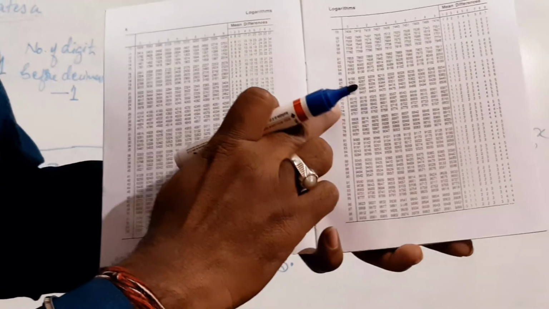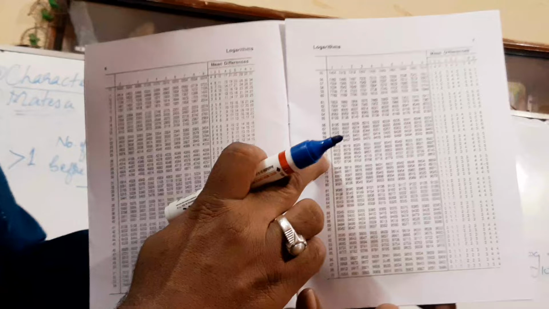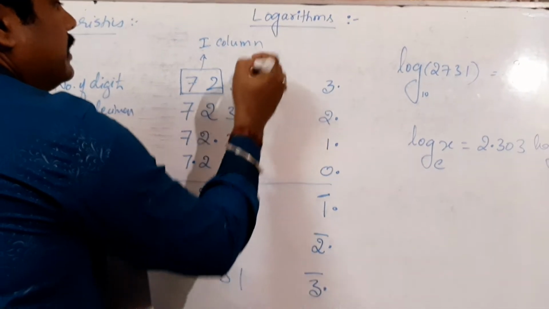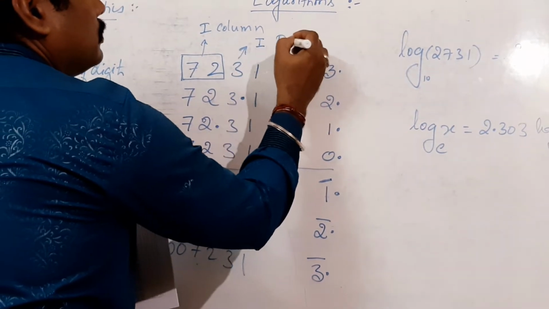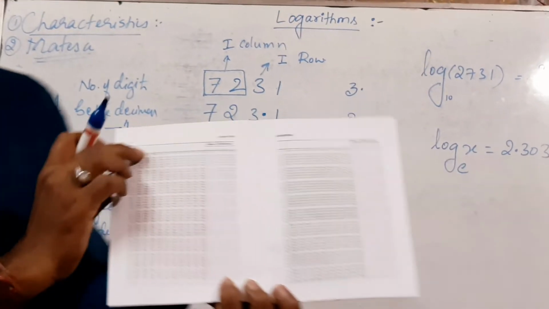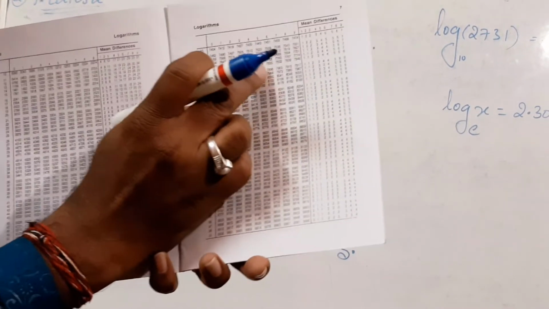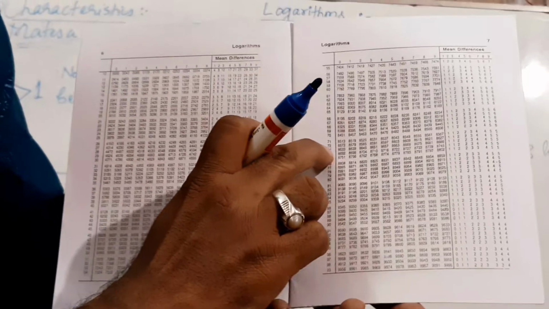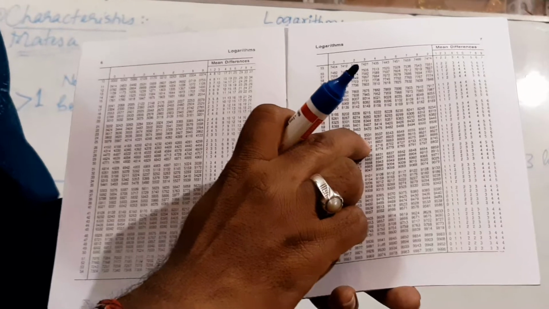After that, there is the third digit of the number, 3. This number should be seen in the first row. So in the first row we want the number 3. Come for 3 and the corresponding 72: 72 and 3 meet here.